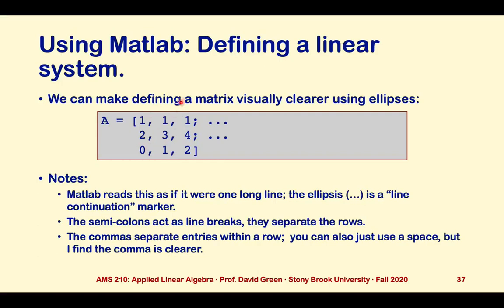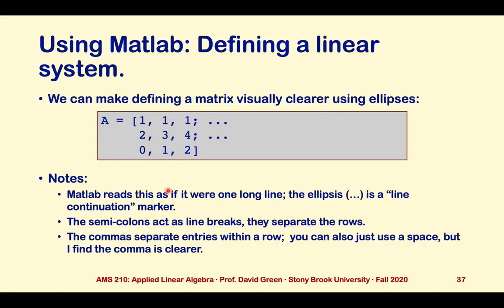They are not actually necessary. You can leave just a space there, and Matlab will read it exactly the same. That might look a little bit more like the matrix you write down on paper. I personally find that the commas help organize things a little bit, and so I like to use them most of the time, although sometimes I don't.